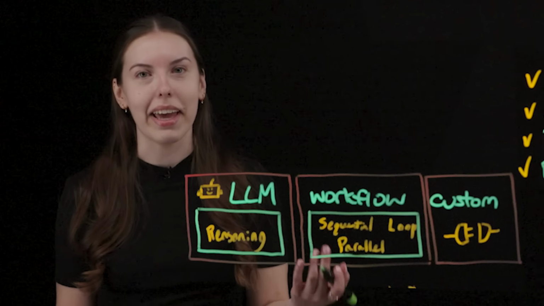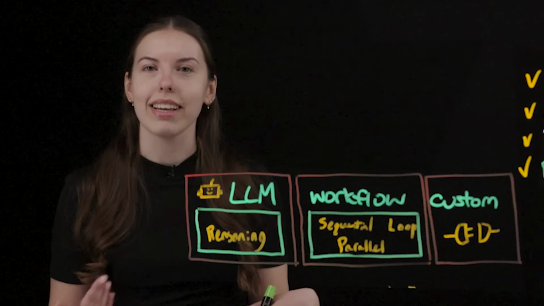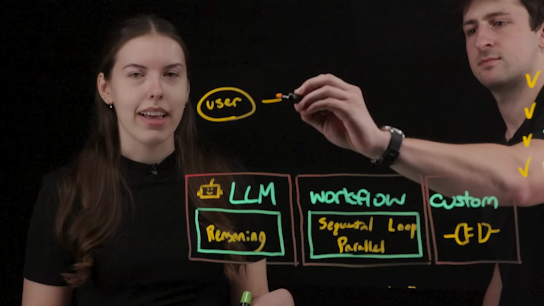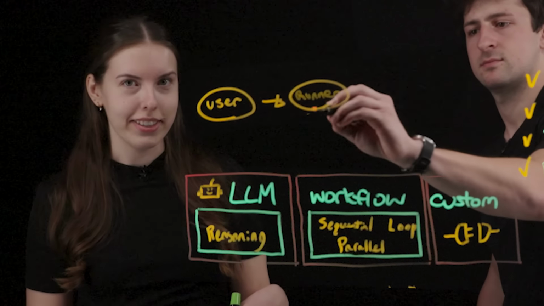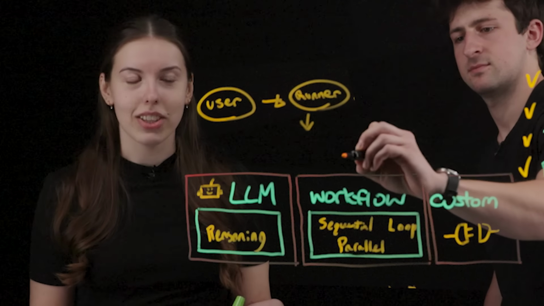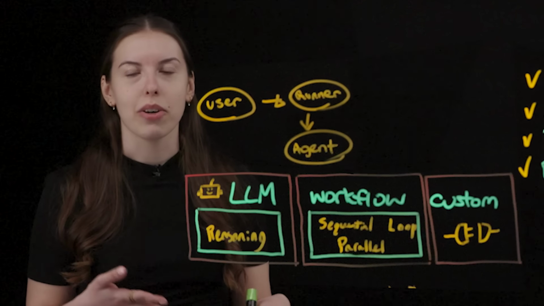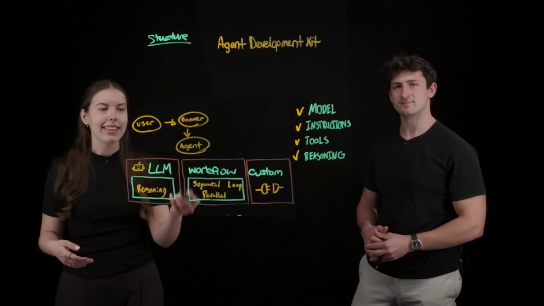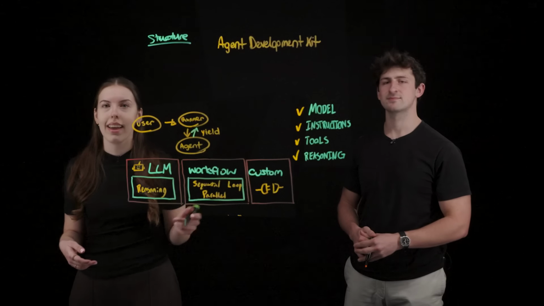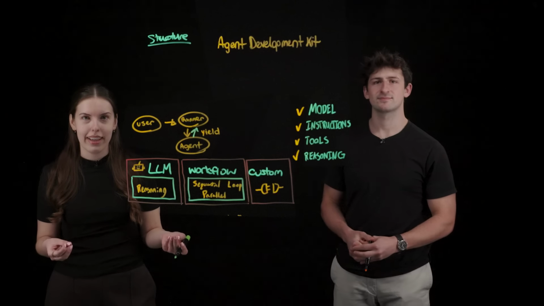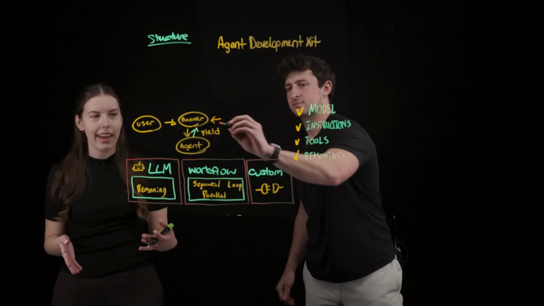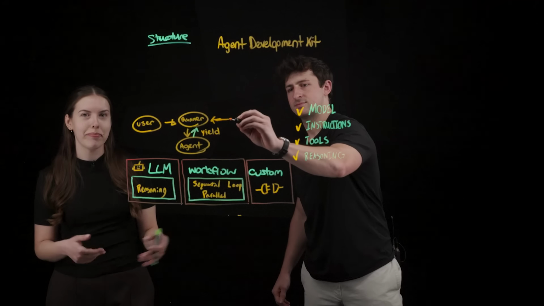That's exactly right. And behind the scenes, a user query is received by the runner and then passed to the agent. And once the agent has a response, so a tool call request or a state change to report, it yields back and passes it to the runner. And the runner can then process the update produced by the agent and can pass it upstream.